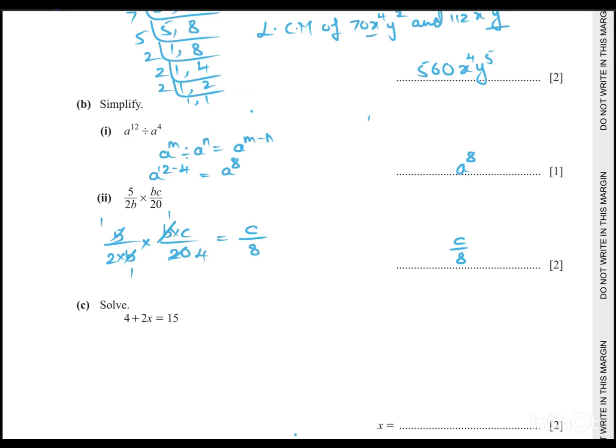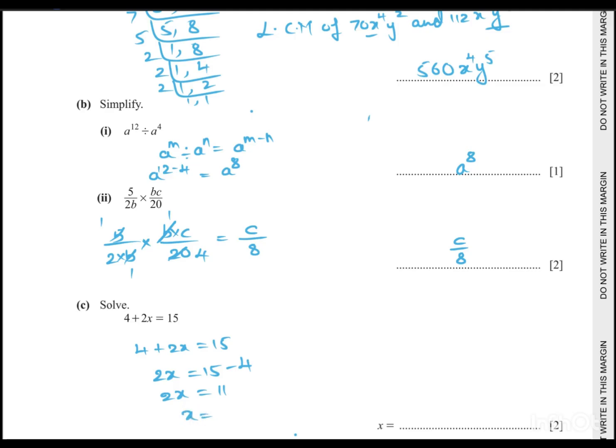Question C, solve 4 plus 2x is equal to 15. While solving the equation, you need to take the LHS and RHS, where you bring terms from the left hand side to the right hand side to solve for x. If I bring 4 to the right side, it will be negative 4 on the right side, and 15 minus 4 will be 11.